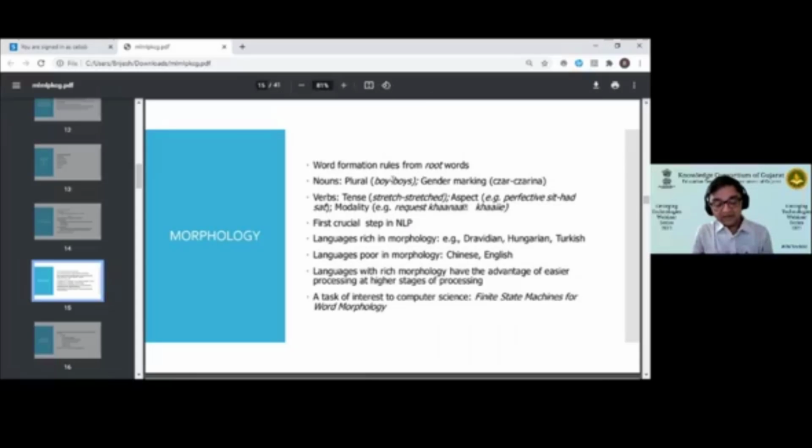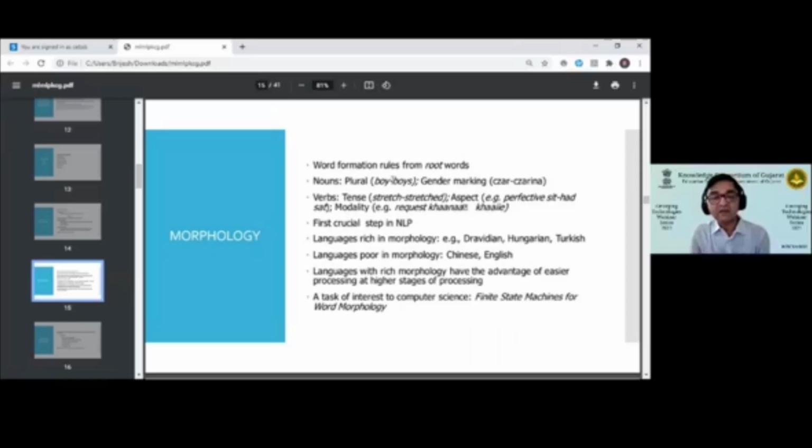For example, when I write boys instead of boy, I want to convey that there is more than one boy. So this S is a plural marker that we need to know. So that's why, to get the meaning of a word and to get additional information through this extra inflection, these two things are done at the morphology level.